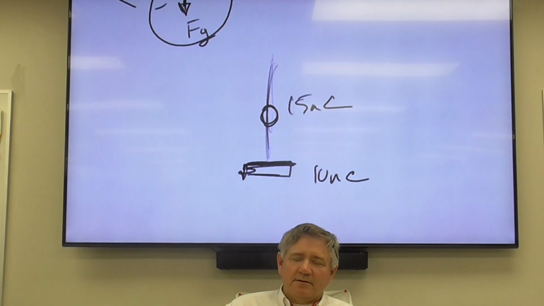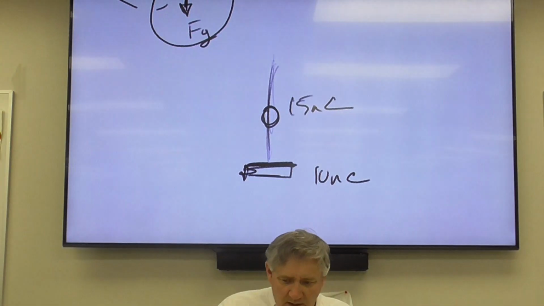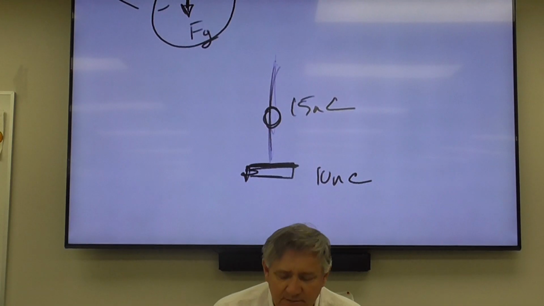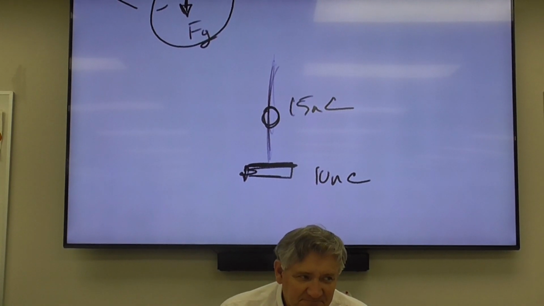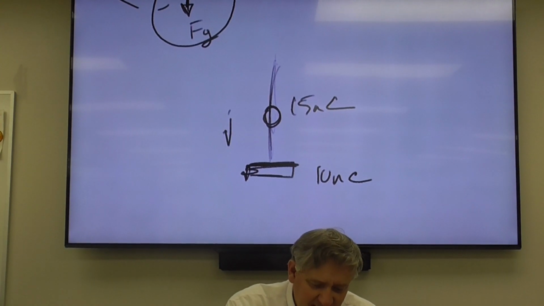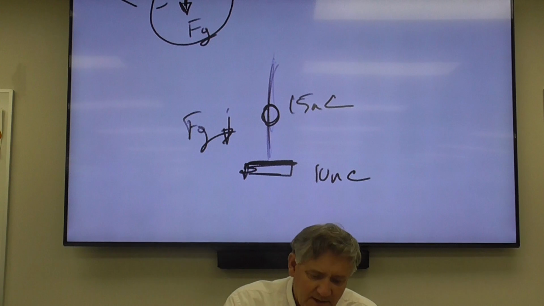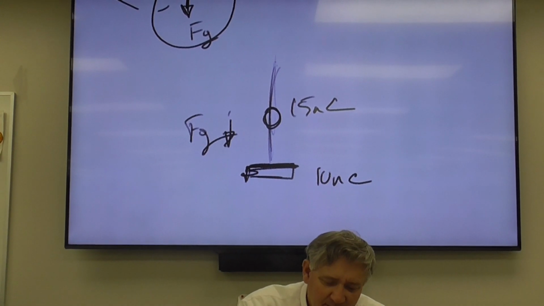Now, what two forces are going to be involved on 68? Charles, what's one of them? Gravity. Gravity's going to try and keep the bead down. Okay? What else do you have? Electric.